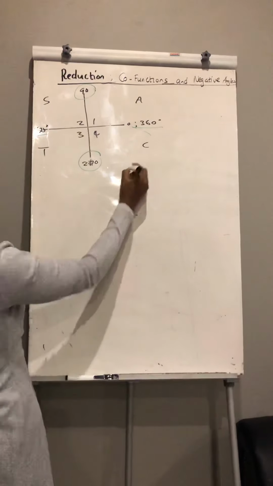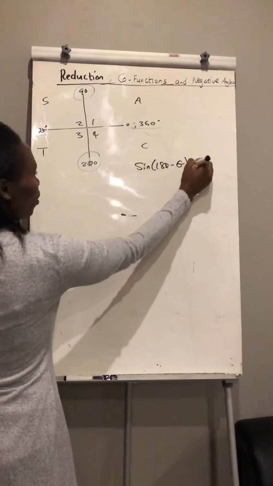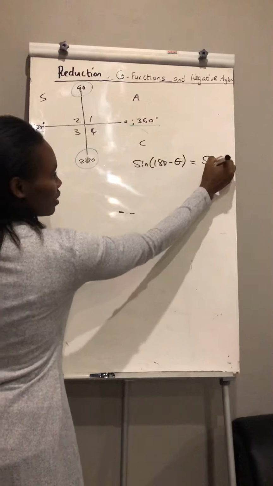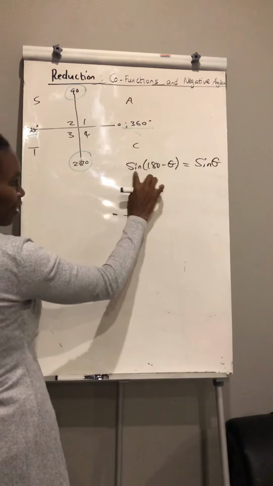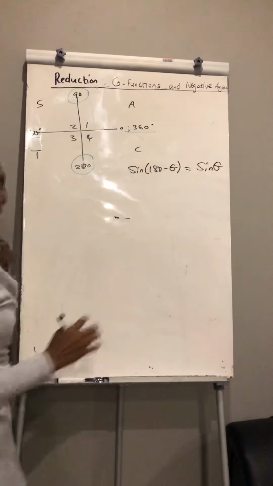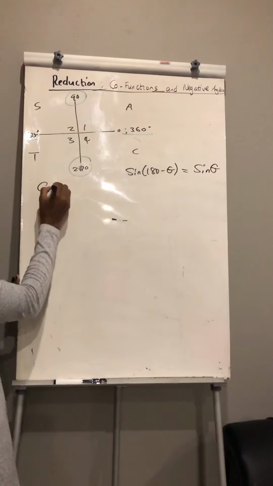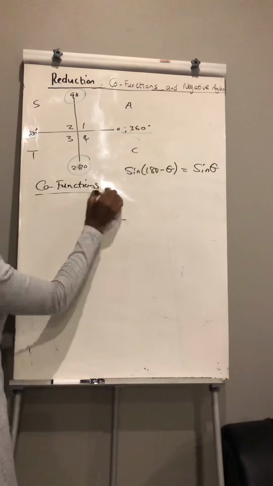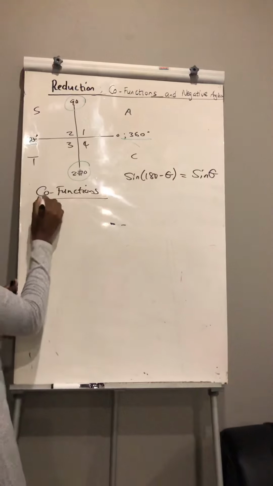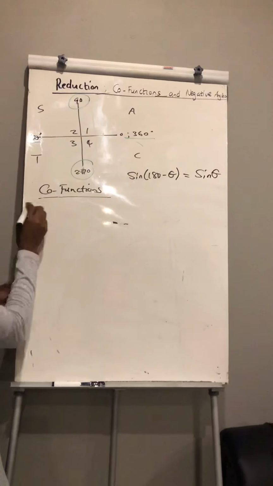What I mean is, if we had sine of 180 minus theta, we knew this was the second quadrant, and we changed it to sine theta. As you can see, it's the sine function here, and it's still the sine function over there. It's not the same with the cofunctions now. So the cofunctions change the original function to its cofunction. So the cofunctions, or cofunction ratios, or whatever it is that you name them.